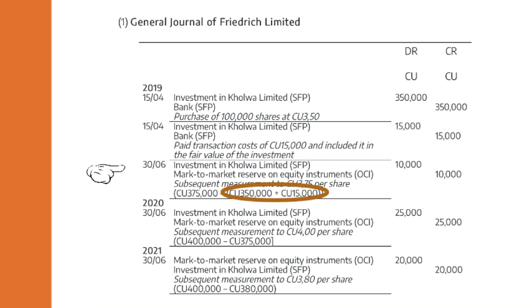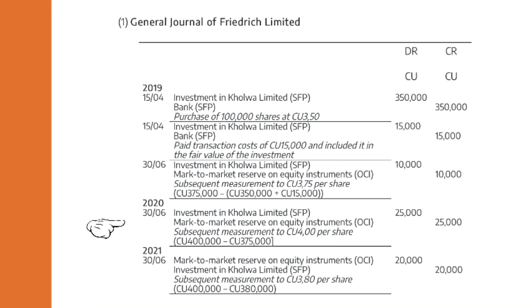So the movement is to go from where you are at the moment. If you look at your investment T account, what is the balance at the moment? From there, move either upwards or downwards to the fair value at reporting date, which is 375,000.